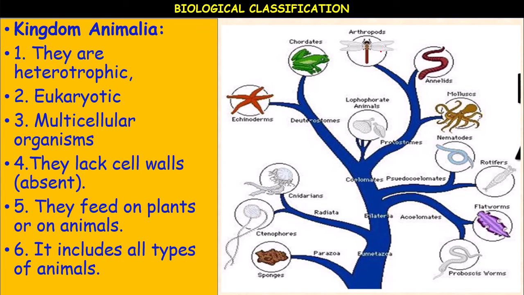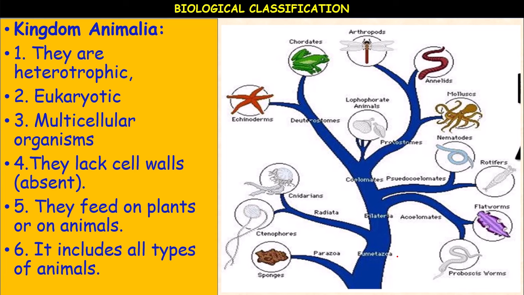You can see different arthropods, annelids, mollusks, lophophorate animals, chordates. This is an amphibian, frog, echinoderms, deuterostomes, protostomes, in which how the mouth and anus are formed, mollusks, rotifers, nematohelminths, pseudocoelomates, coelomates based on coelom, bilaterians, eumetazoa, parazoa, cnidarians, radiata, ctenophores.